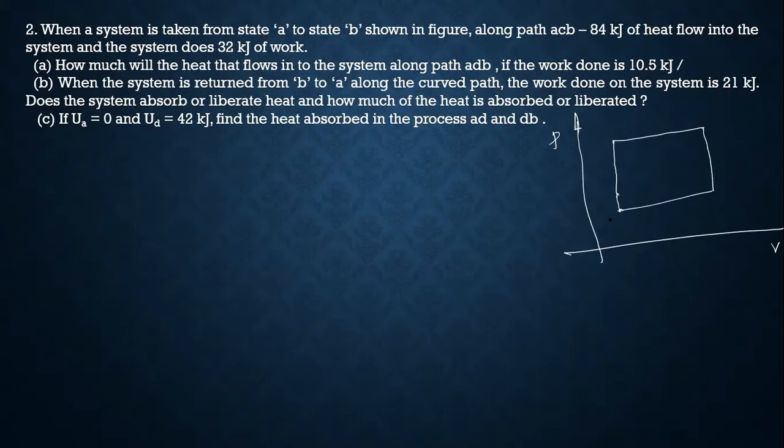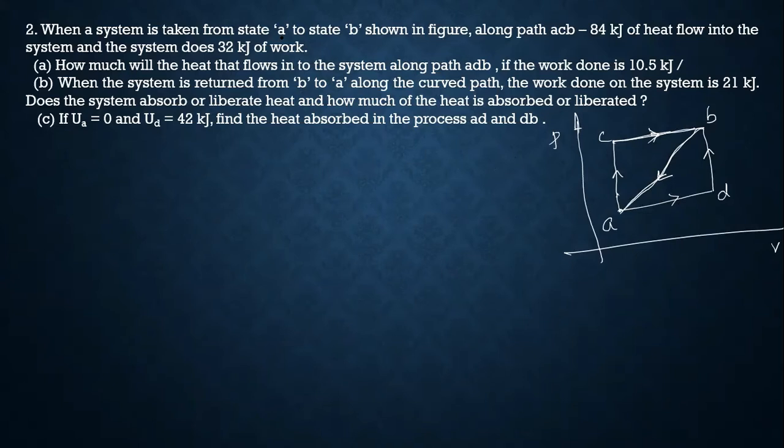This is system A to B, following like this: A, B. This is one, and another one is A, this one C state to B, and it is coming back B to A, following a curve. So this is constant volume. These are straight lines. This is a curve. This is constant pressure, constant volume, constant pressure, constant volume. That is another.